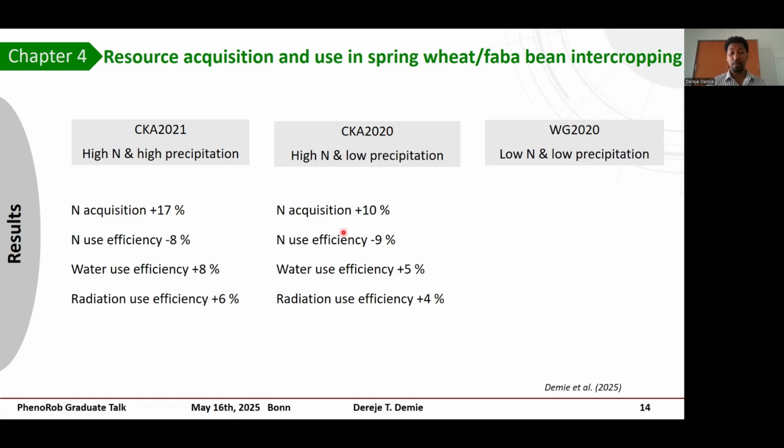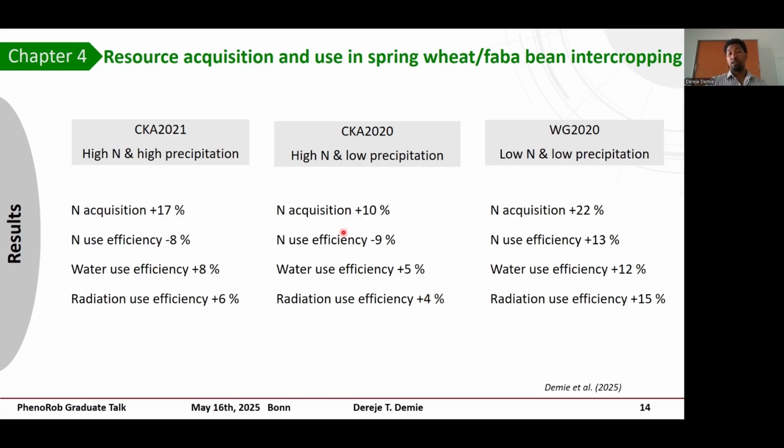But there is some increase in water use efficiency and radiation use efficiency. In Wiesengut 2020, which is characterized by lower nitrogen and lower precipitation, nitrogen acquisition is increased by 22% in intercrops compared to monocultures, and nitrogen use efficiency also increased by 13%. Similarly, water use efficiency and radiation use efficiency were also increased.